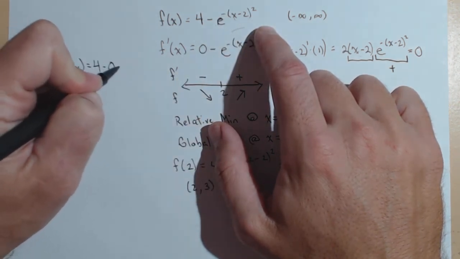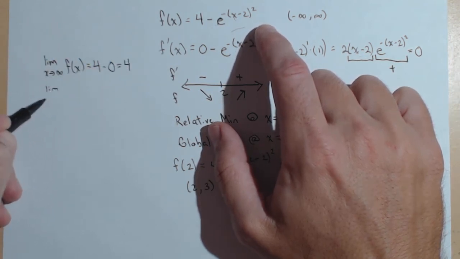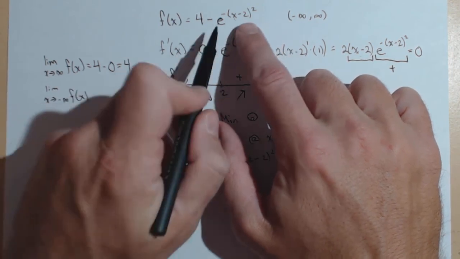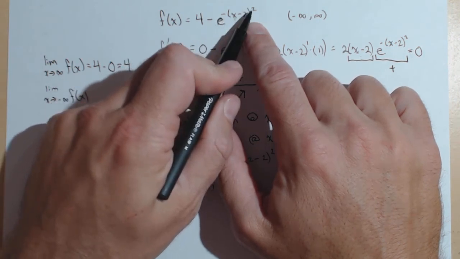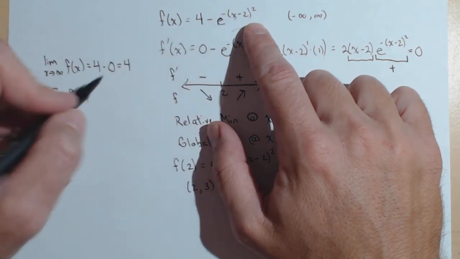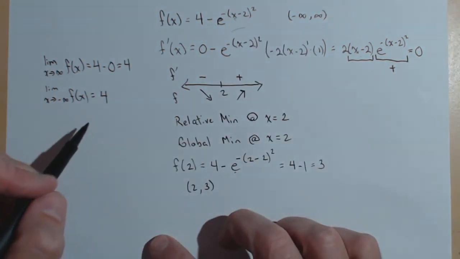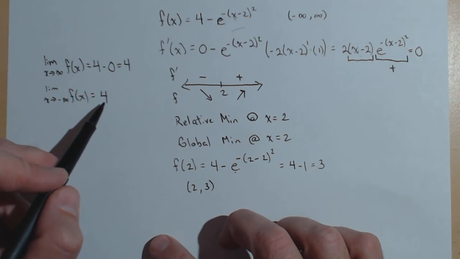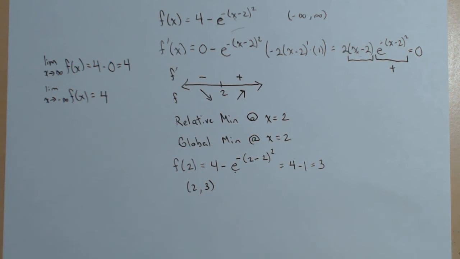So it's going to be 4 minus 0, or 4. Similarly, if we go to negative infinity, we're actually going to have the same limit because the exponent's being squared. So it doesn't matter if x is going to positive or negative infinity because it's being squared. It's going to make this whole thing positive, and this is going to make it back to a negative again. So this will also go to 4. So we've got a horizontal asymptote at 4, something that the function is going to approach but never actually equal. So we do not have a global max or a relative max.